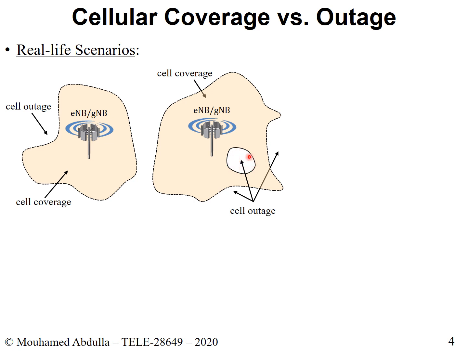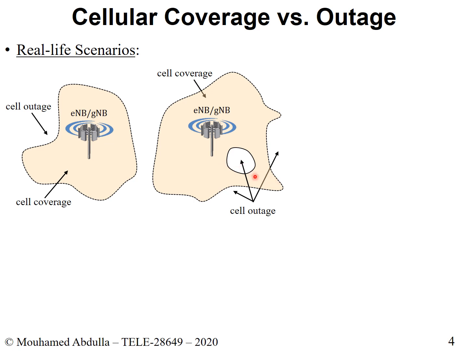The one key reason why these holes happen in your coverage is that you may have very large buildings that could completely shadow the signal. Now you might ask, hold on, why is it that I have a signal here but not here?